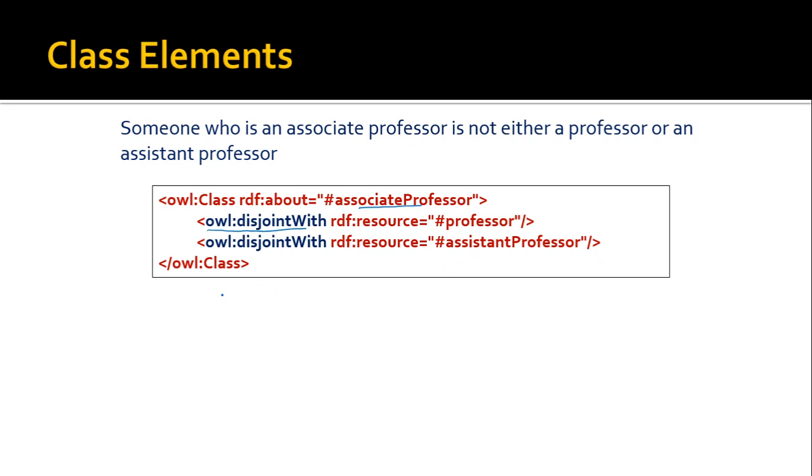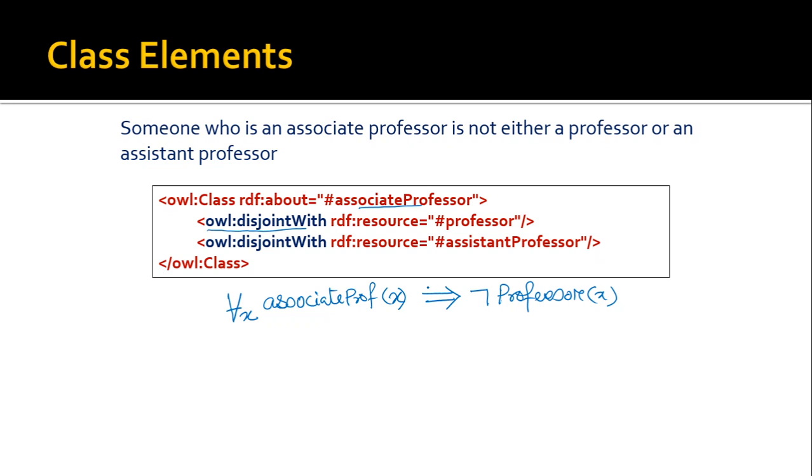So how can we represent this in first order logic? Basically, this is how. For all x, if this x is an associate professor, that means this entity x is not a professor, right?